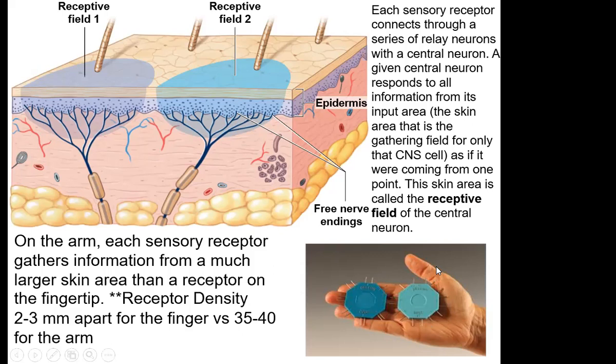Basically, the higher the number, the poorer the sensory innervation, the more messed up their sensory nerves are. I need somewhere between 2 and 3 millimeters for a quote unquote normal, because your fingertips have such small receptive fields and such high receptor density that you should be able to feel the difference between 2 points from 2 to 3 millimeters.